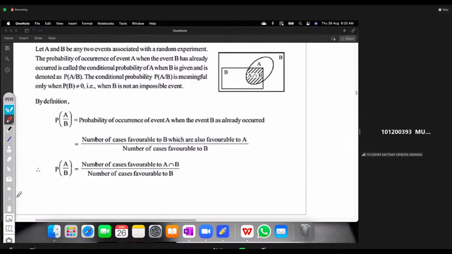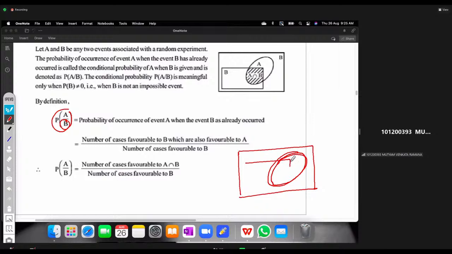So here, probability of A given B means this event B has already occurred. You are talking about this universal space. You know that this event has already occurred. A is this one.